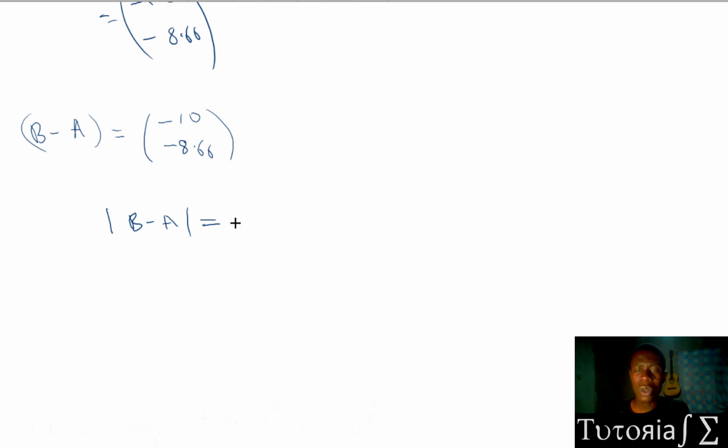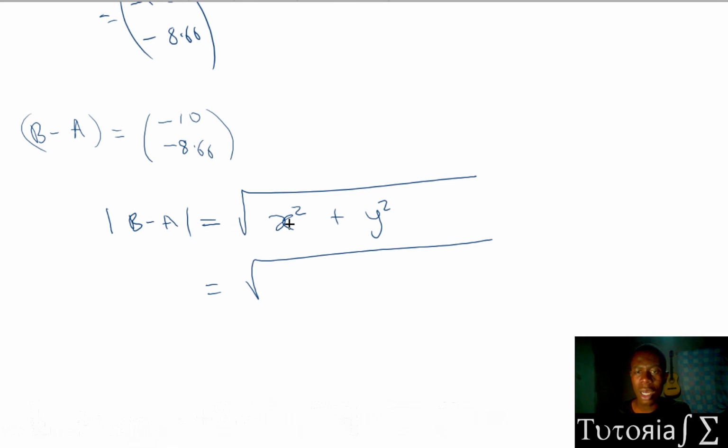So this is just equal to the square root of the square of the x part plus the square of the y part. That would be the magnitude. In this case, x squared would be negative 10 squared.